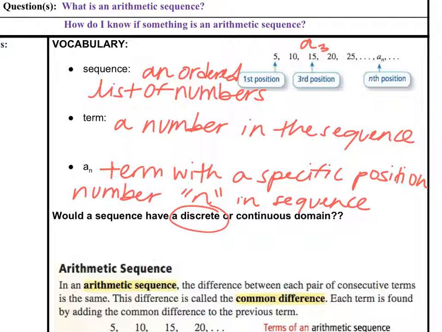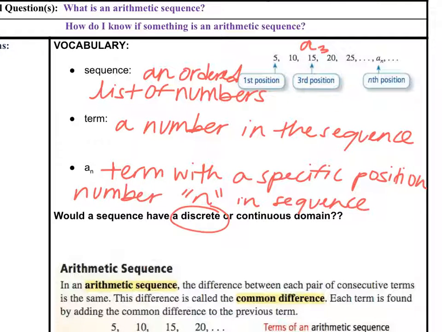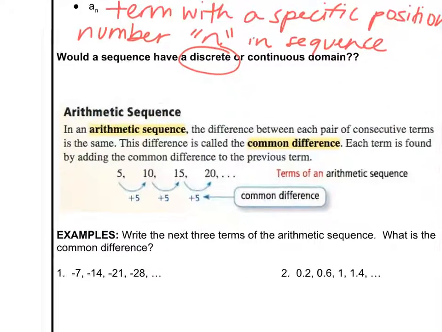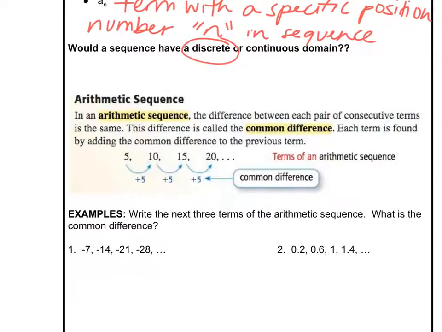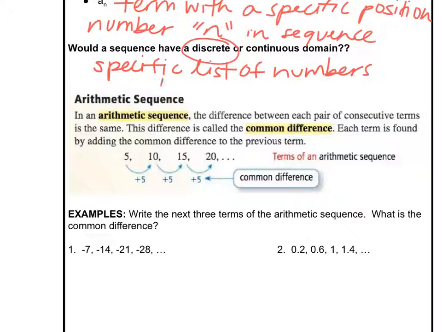That's not the case. It's only 5, 10, 15, 20, 25, and so on. So this is discrete because it's a specific list of numbers, not the things in between. It's not continuous, or not connected.